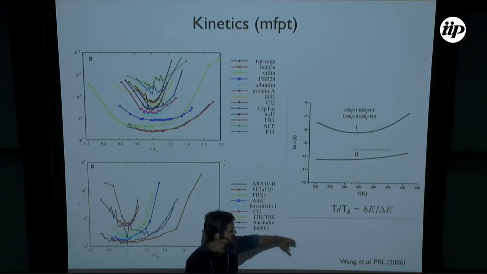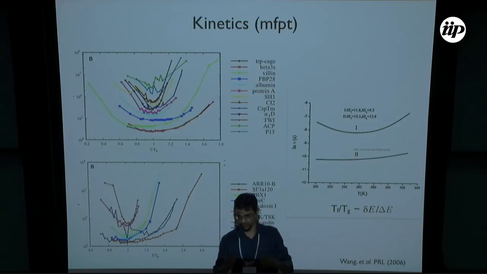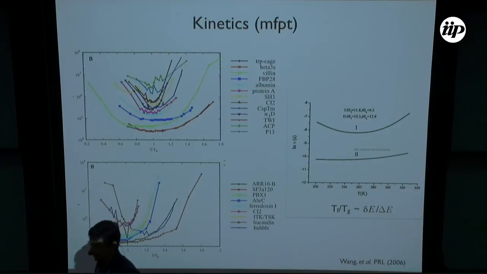And from the theory, the shape of this curve is related with the parameter gap, which is small delta E, and the roughness, which is the big delta E. As you can see, this one has a bigger parameter.